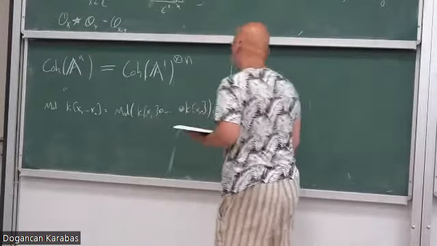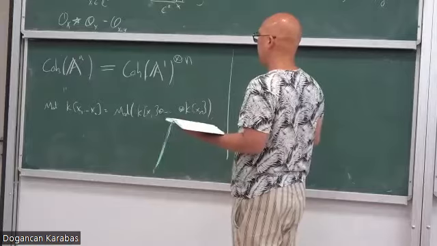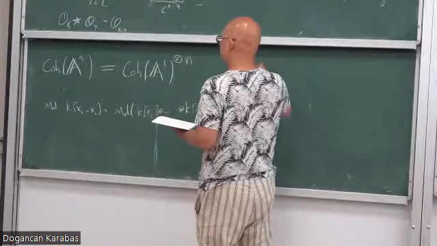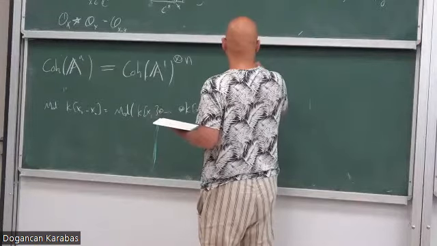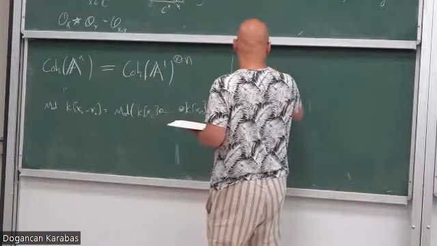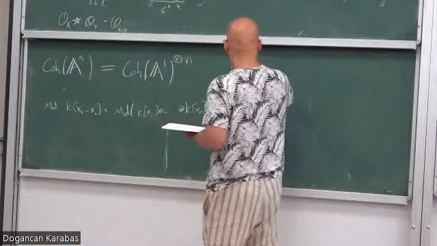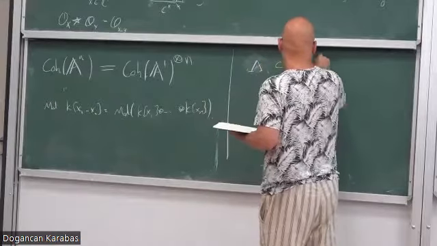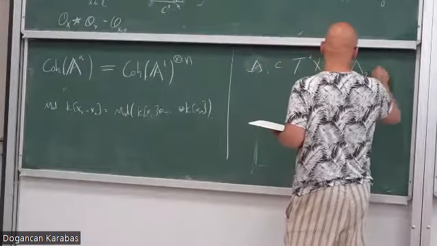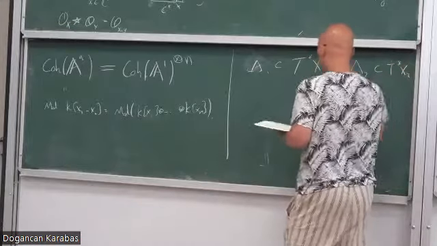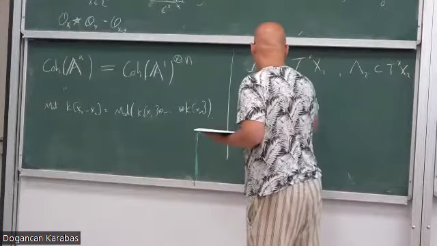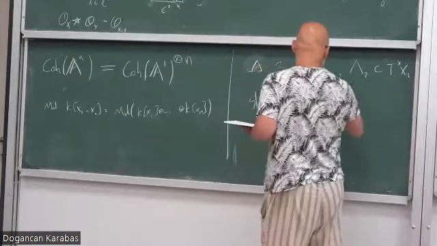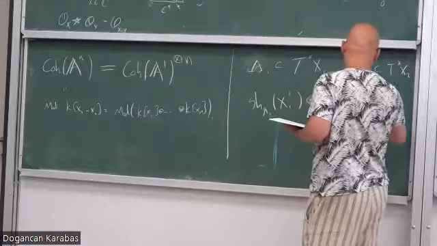So, well, what about this? I claim in general that if I have lambda 1 in T star x1, lambda 2 in T star x2, then sheaves lambda 1 x1 tensor sheaves lambda 2 x2.